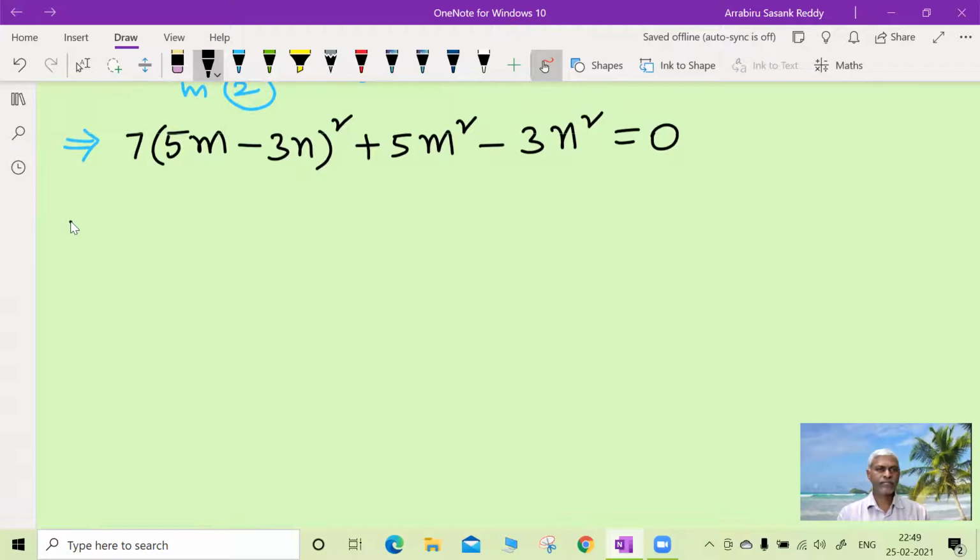Expanding: (a minus b) whole square is a square plus b square minus 2ab.